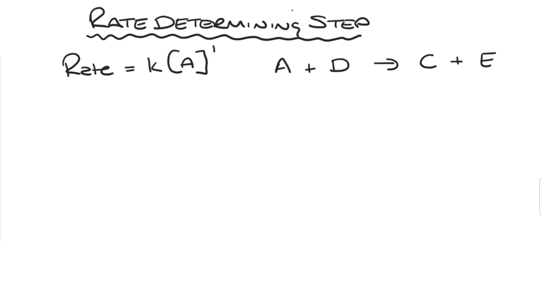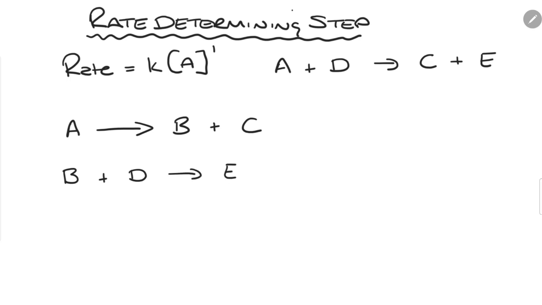But if we were to do some theory, what we believe happens is A does something in its generic made-up reaction style and produces B plus C. So maybe it's some sort of decomposition. And we then predict that B is what subsequently reacts with D to produce E.